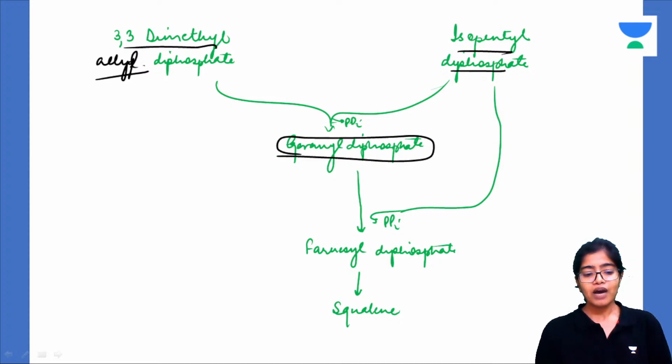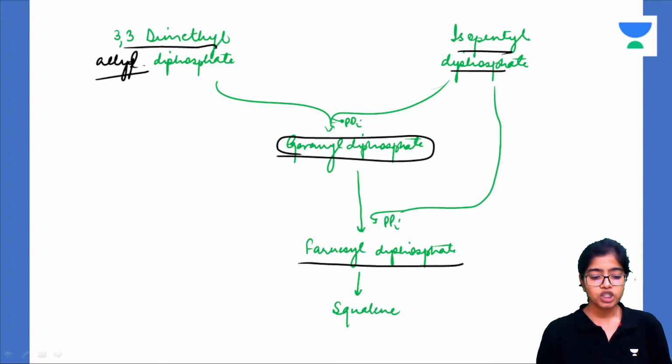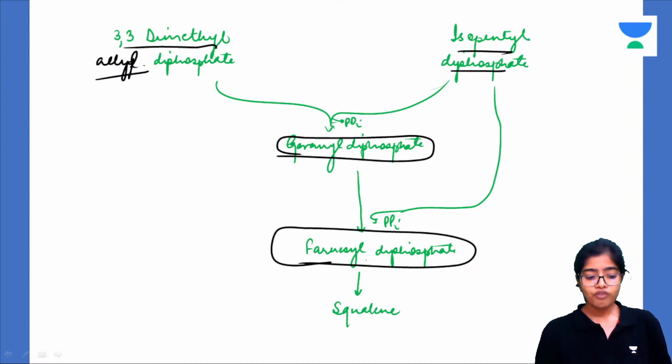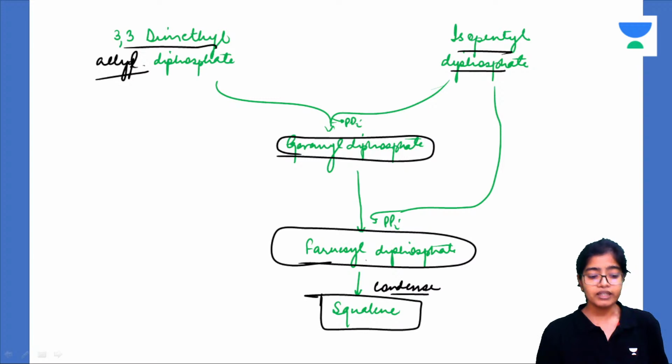Okay, now isopentyl diphosphate will again combine with it to form an intermediate farnesyl diphosphate. Now, two farnesyl diphosphate molecules will condense. They will condense to form one molecule of squalene. So, the third step was 6 isoprenoid units condensed to form squalene.